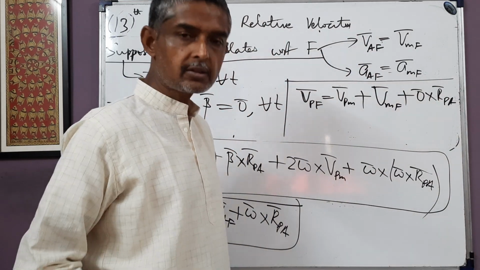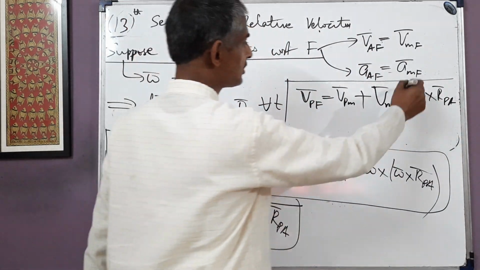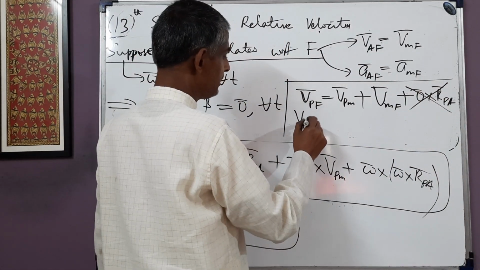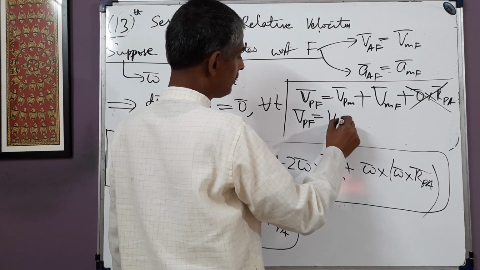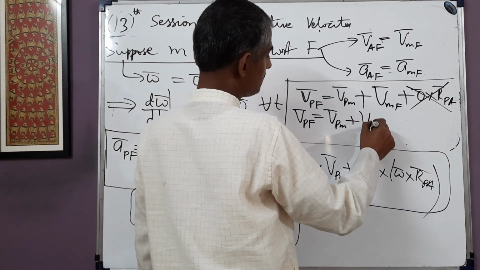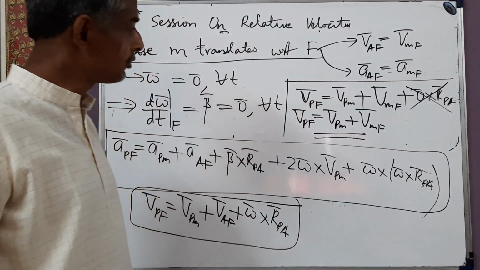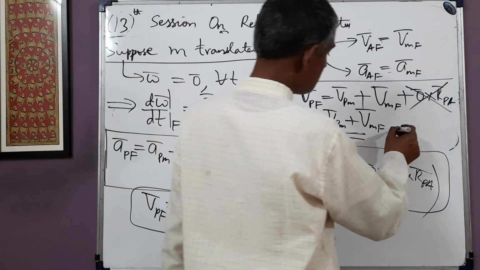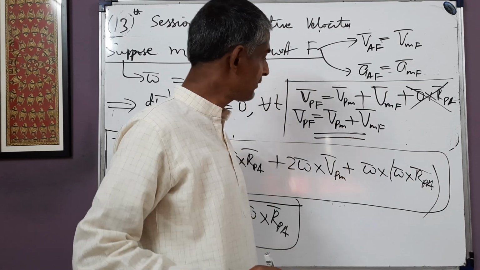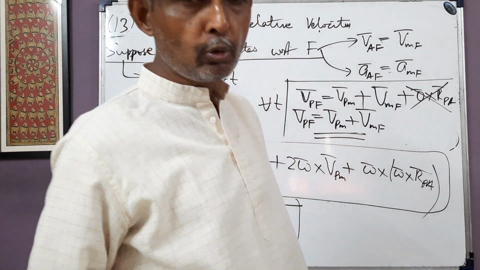From the theory of vectors, the cross product with a zero vector is 0, so this term goes away. So VPF is equal to VPM plus VMF. This is the relationship. This is the relation between VPF and VPM as seen from two frames M and F which are in mutual translation.